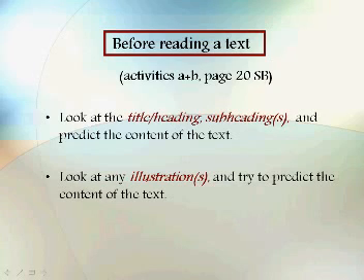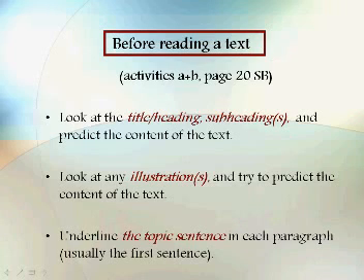And next, you have to look at any illustrations, any pictures, any graphs, anything that will show you something about the content of the text. And you try to predict the content of the text. And finally, again, before reading a text, you have to underline the topic sentences, those sentences that have the main ideas in each paragraph. Usually they are in the first sentence.